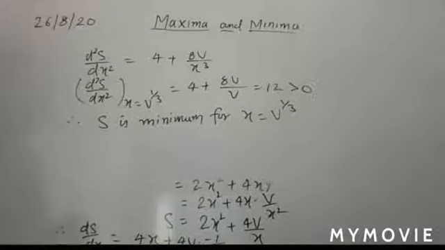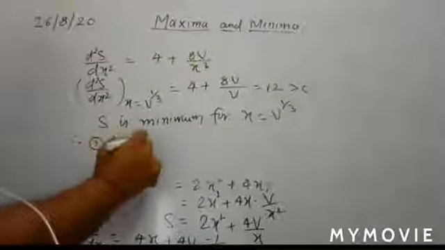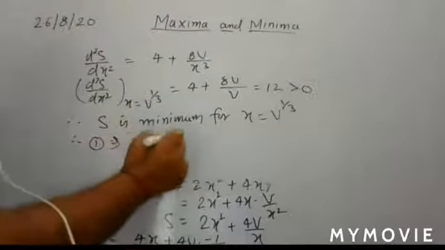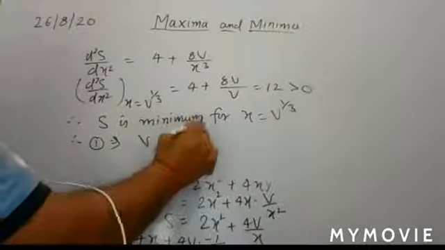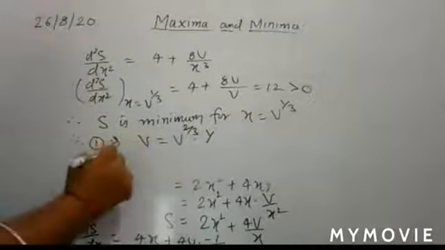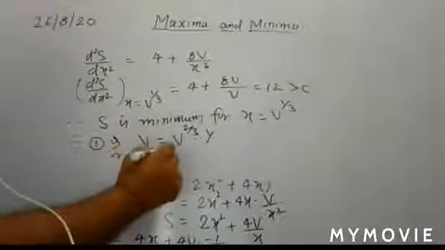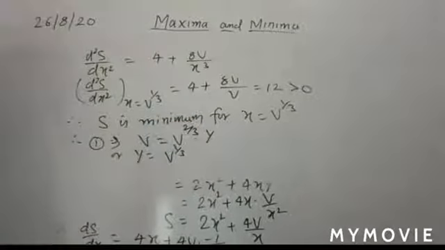Okay, now what you do, you put that value of x in the first equation. Your first equation is v is equal to x square y. So the value of x square is v to the power 2 by 3 into y. Now find the value of y. So y is equal to v to the power 1 by 3, since 1 minus 2 by 3 is 1 by 3.